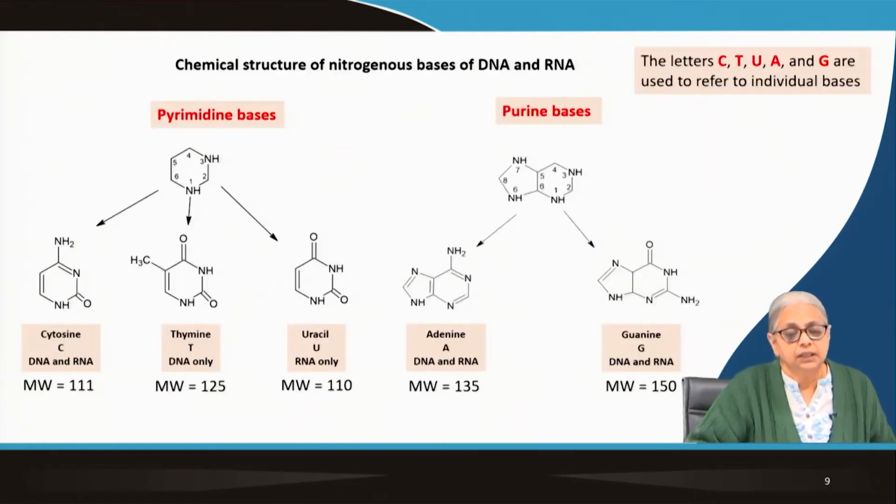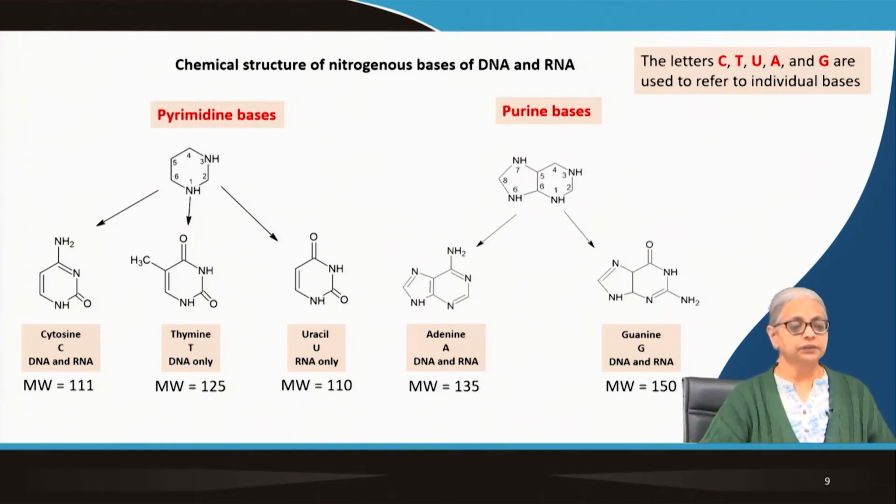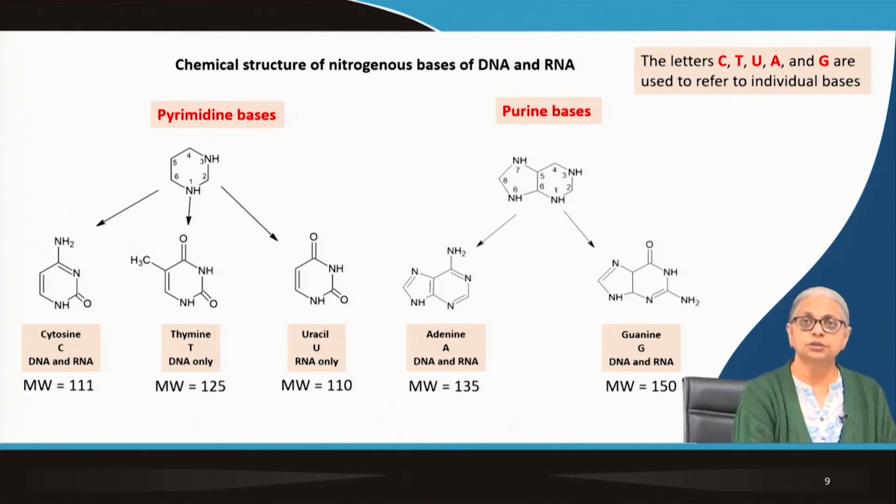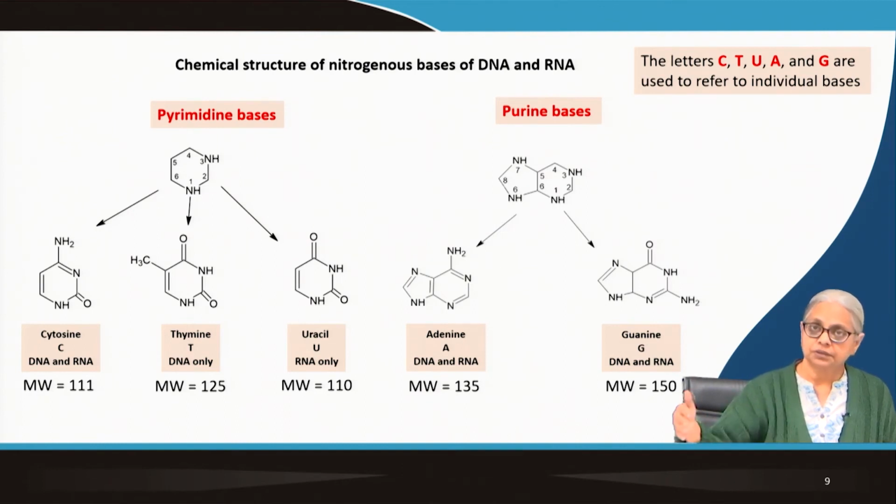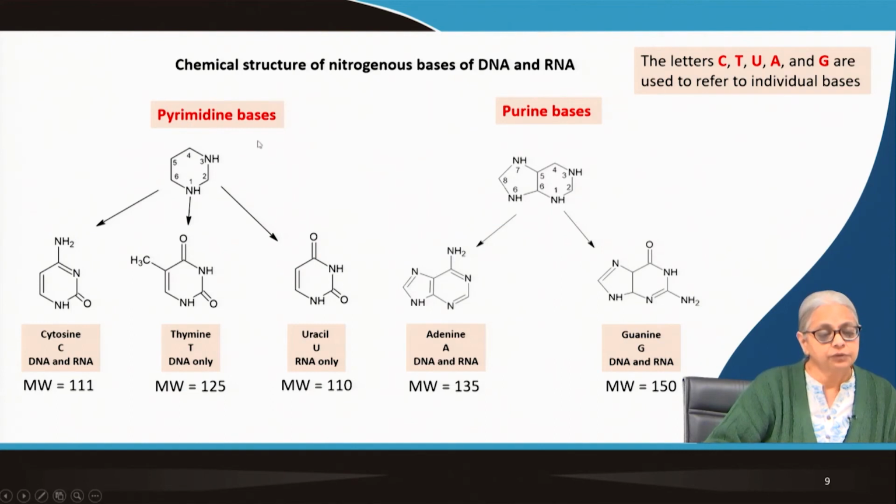Now let's take a quick look at the chemical structure of DNA as well as RNA, because these are the nucleic acids that are the basis of the genetic code and how it is reproduced in subsequent generations of a given species. So we have 5 different nitrogenous bases.